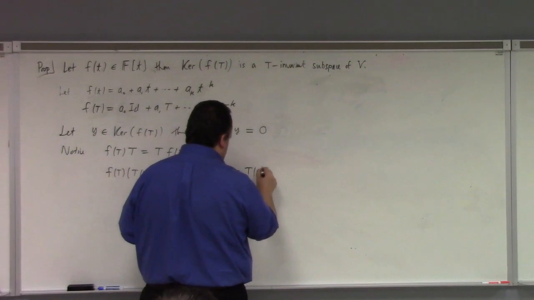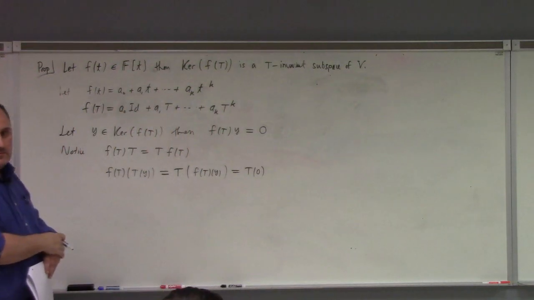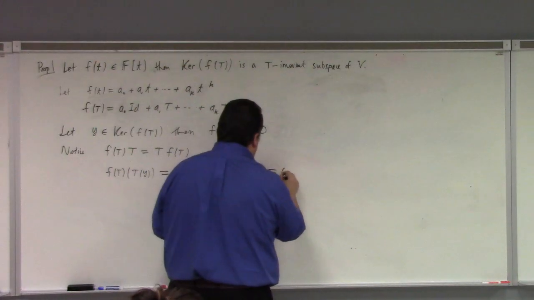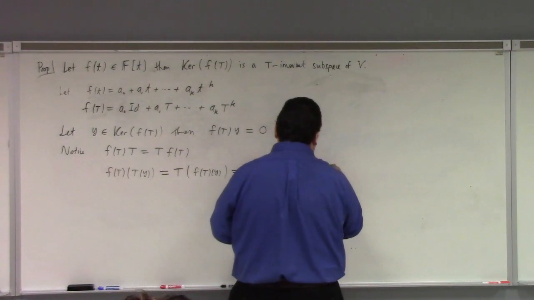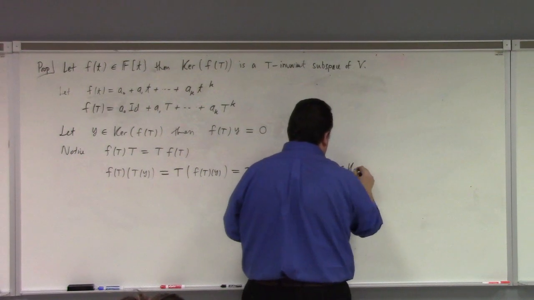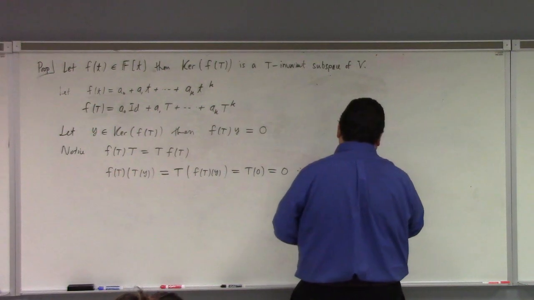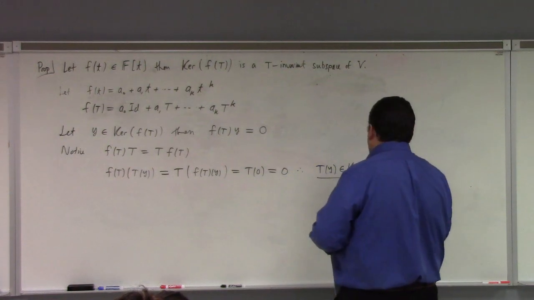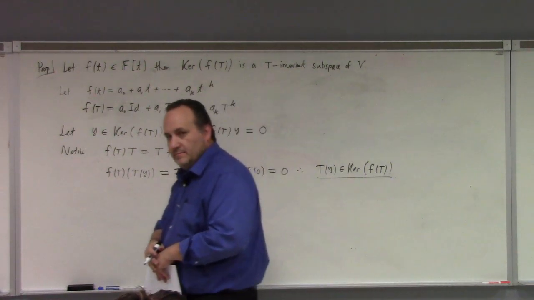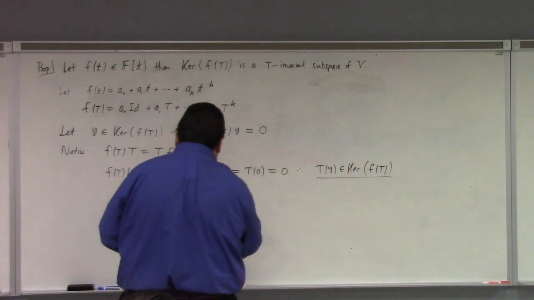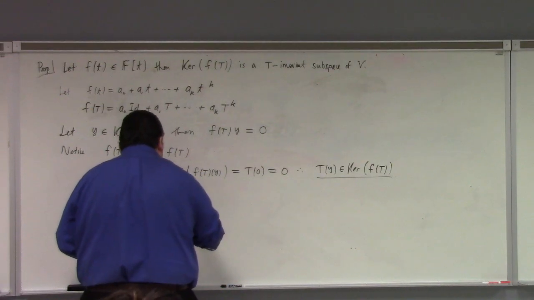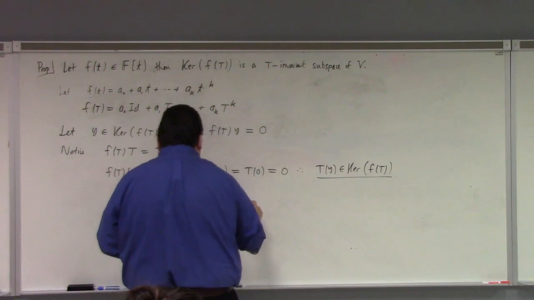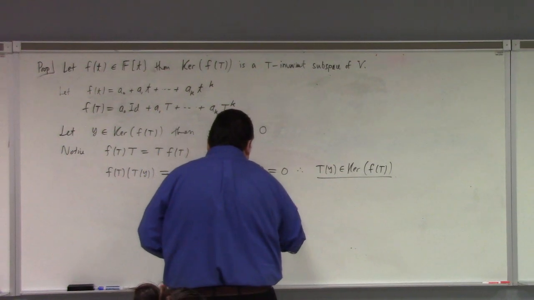What's T of 0? T is a linear transformation, so 0. So therefore, T of y is in the kernel of this polynomial f in the transformation T. Hence, T of the kernel of f of T is a subset of the kernel of f of T.